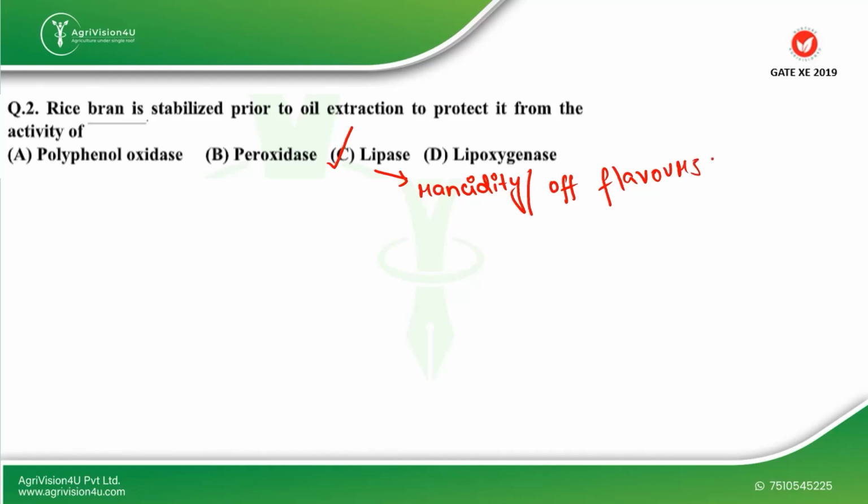So by inhibiting this lipase activity, the oil which is extracted from the rice bran can be protected from degradation and maintain a higher quality.